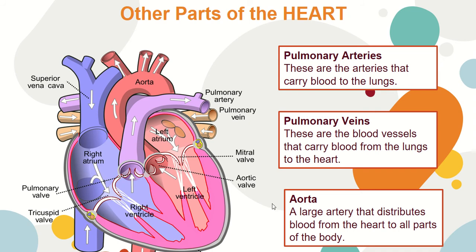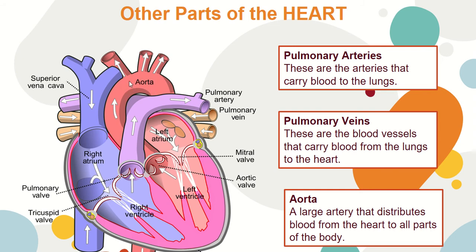Next, we have what we call aorta. When we say aorta, it is a large artery. This one, aorta, is a large artery that distributes blood from the heart to all parts of the body.